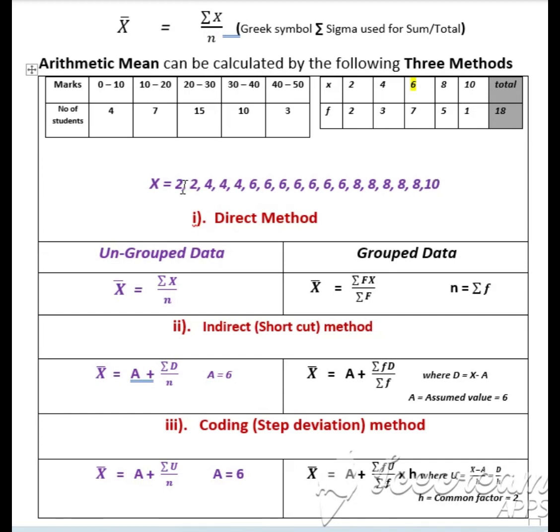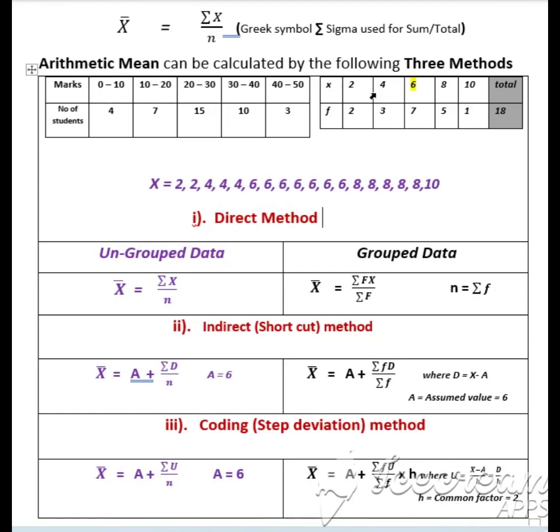So the ungrouped data you can also convert into group data, or into a table. So the ungrouped data has now become group data. The above two tables are of group data. Group data is of two further types. This is discrete data and this is continuous type of data.